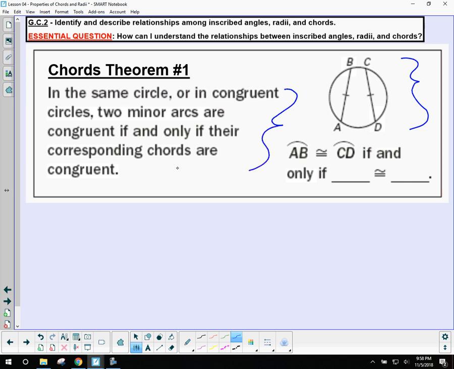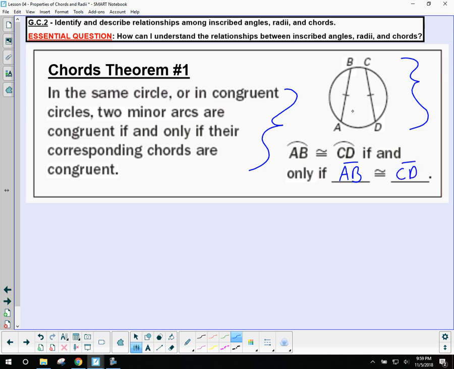Chords Theorem number 1: in the same circle or in congruent circles, two minor arcs are congruent if and only if the corresponding chords are congruent. So, arc AB is congruent to arc CD if and only if segment AB is congruent to segment CD.